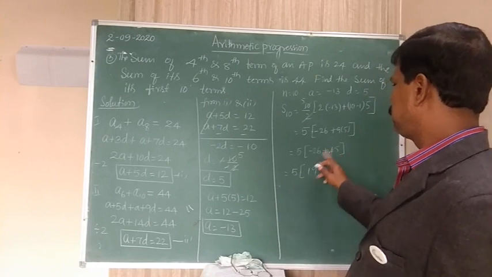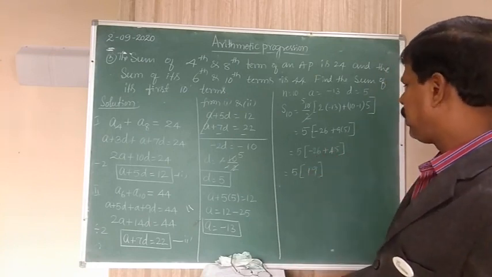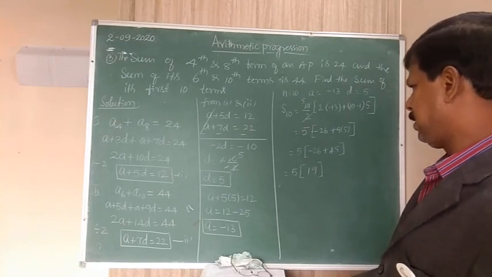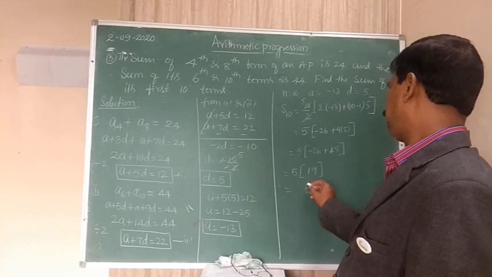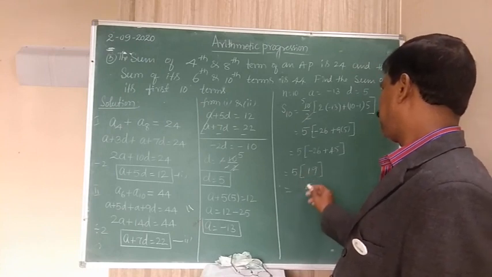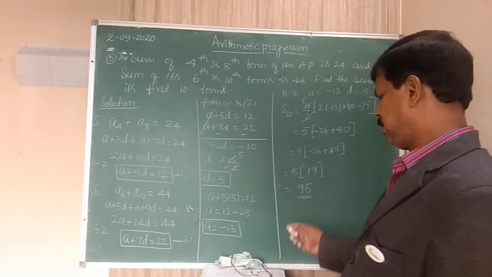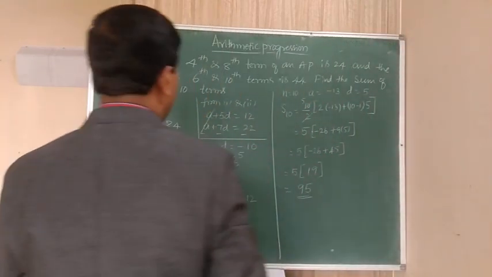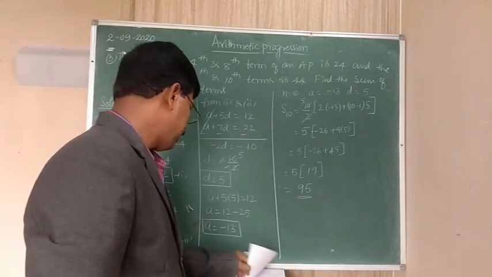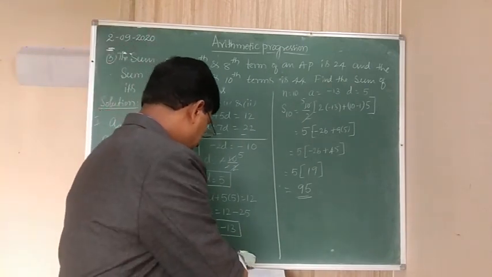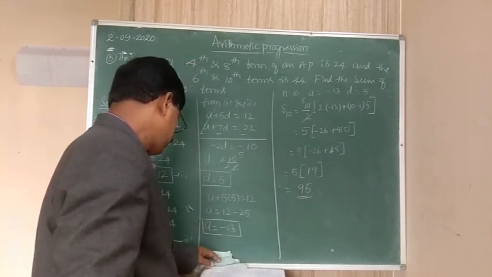Clear this? 45 minus 26 is 19. Clear? Now 5 9s are 45. 4 5 1s are 5 plus 4, 9, 95. So the sum of first 10 terms of the AP is how much? 95.